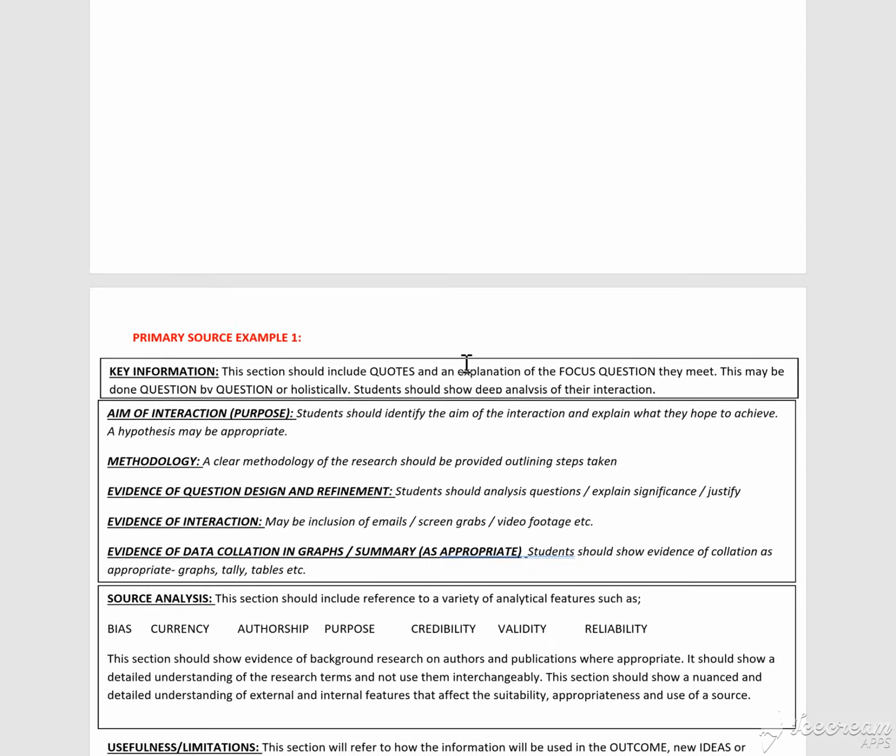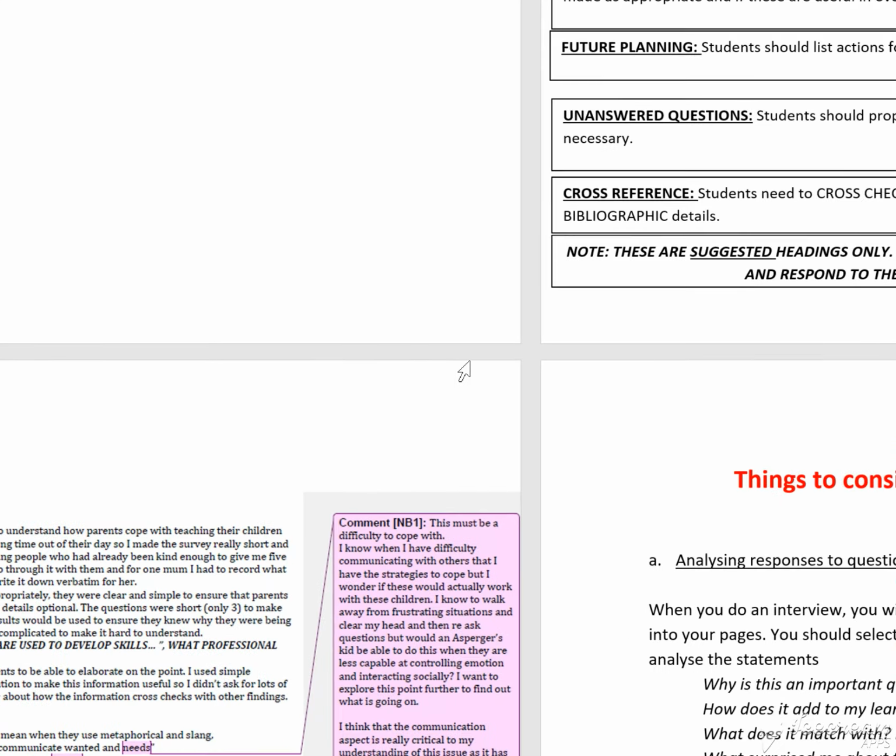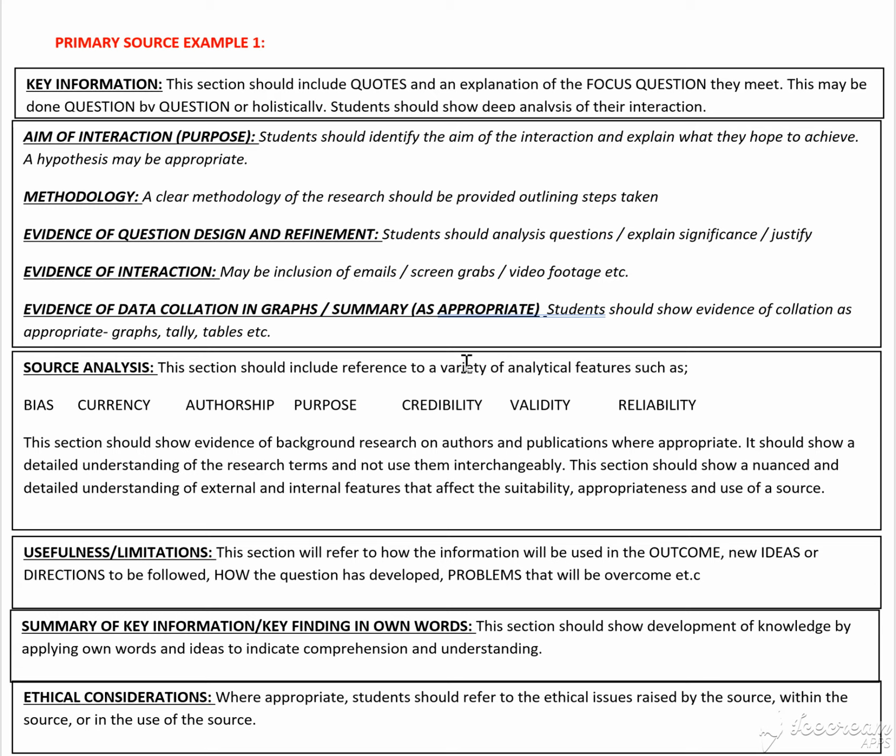So then what we have next is what this will look like on a page. So these sections will vary in size for different individuals, of course, but I would definitely make sure that you have your key information there as per usual, any key quotes, maybe some screen grabs of the graphs that you have, and what focus questions or parts of your research this is helping you to answer.